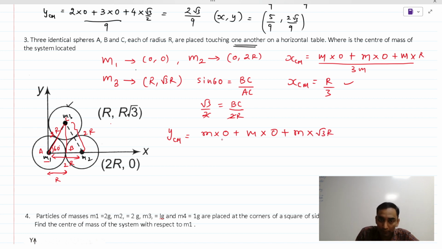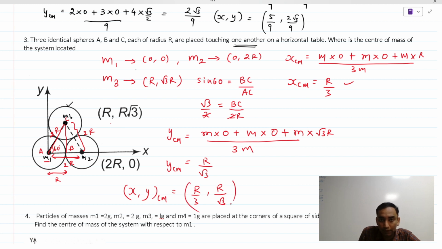So root 3 times r divided by 3m. So YCM is equal to, m gets cancelled, r by root 3. So we have found out the x and y coordinates of the center of mass, that is, x coordinate is r by 3 and y coordinate is r upon root 3. That is the answer to our problem.